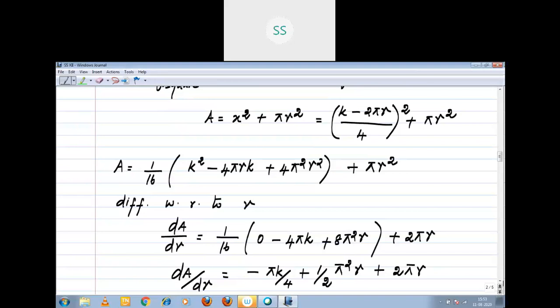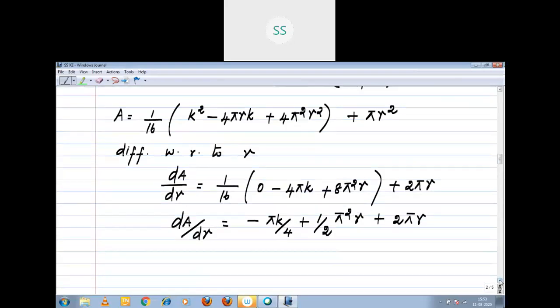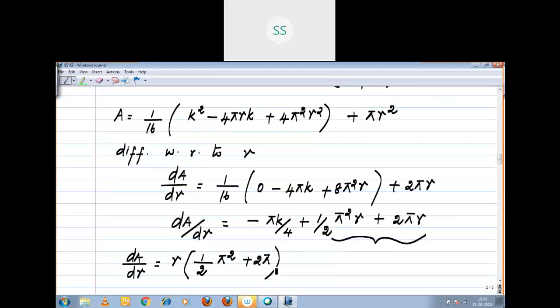Now you see, dA by dr equals, here alone you take r as common. Then what should be the rest? 1 by 2 pi square plus 2 pi, minus pi k by 4.